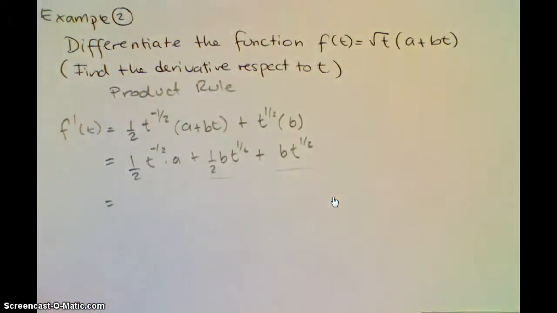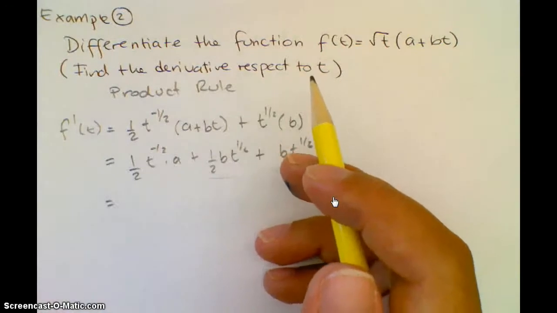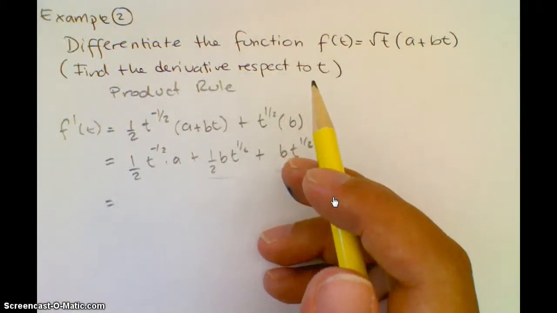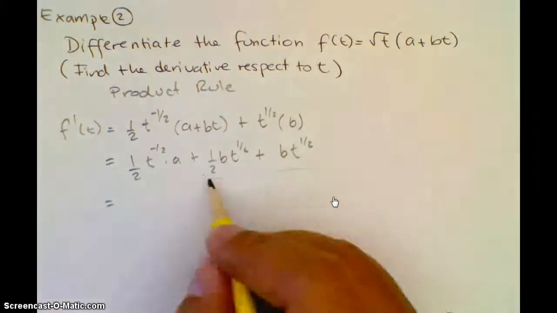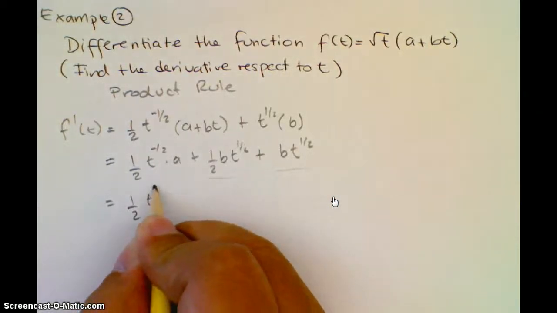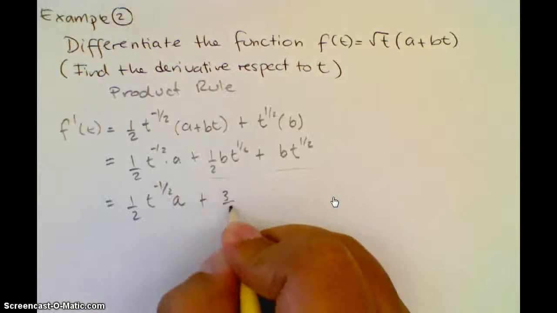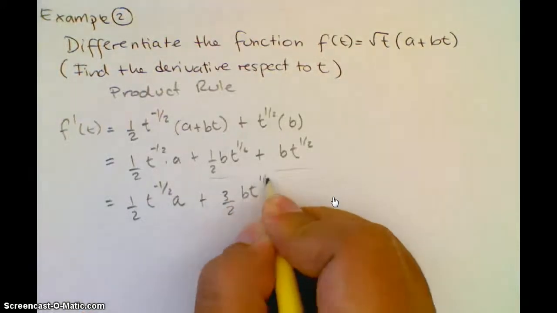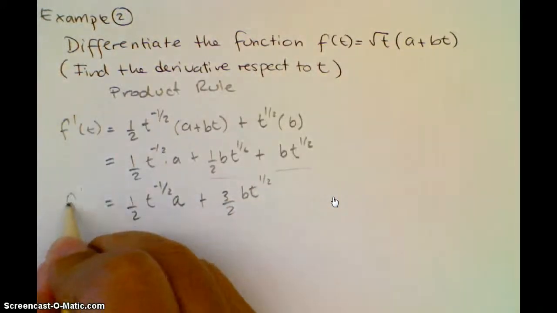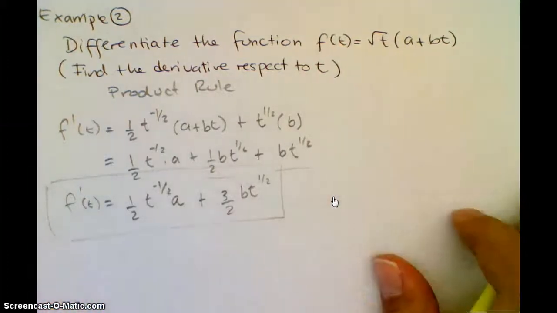These two happen to be like terms, so I'm just going to combine these two like terms: 1/2 t to the negative 1/2 a plus 3/2 b t to the 1/2. And this will be one way of writing the answer.